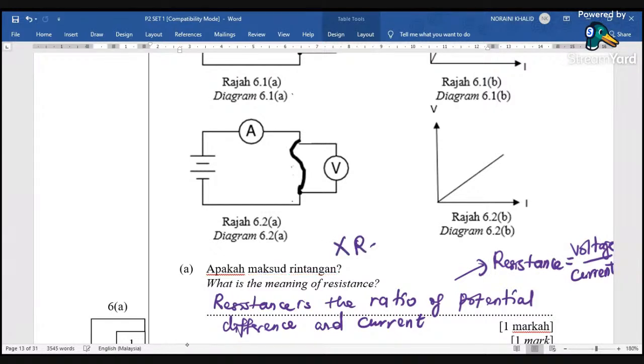Don't write R equals V over I. This way you have to define all the symbols.